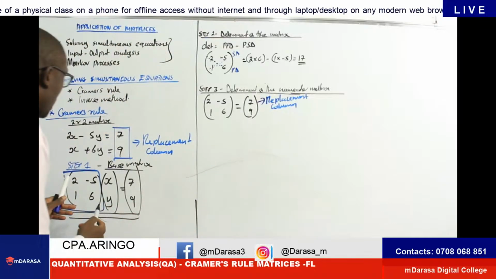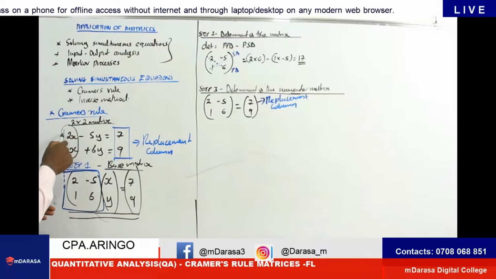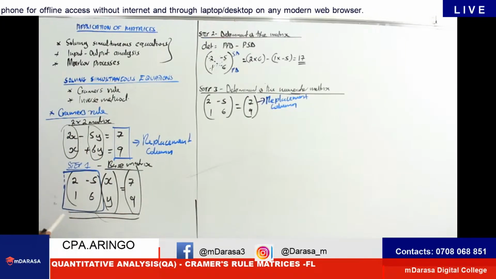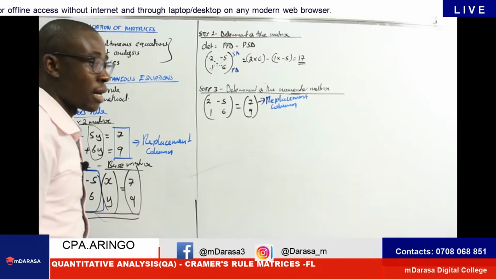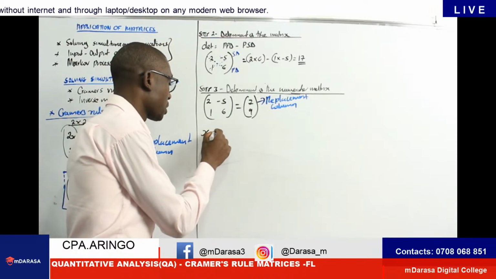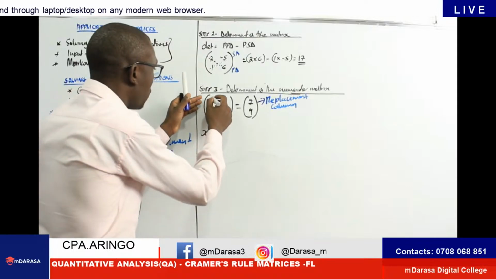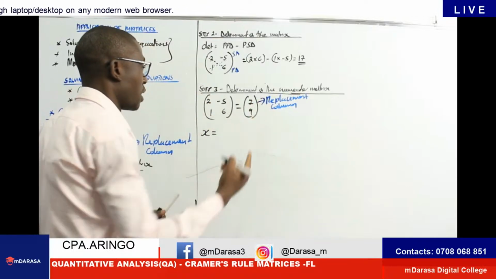Now we can agree that 2 and 1 are our values of x and these are our values of y. If I want to determine the value of x, what you are going to do is replace the values of x with our replacement column.